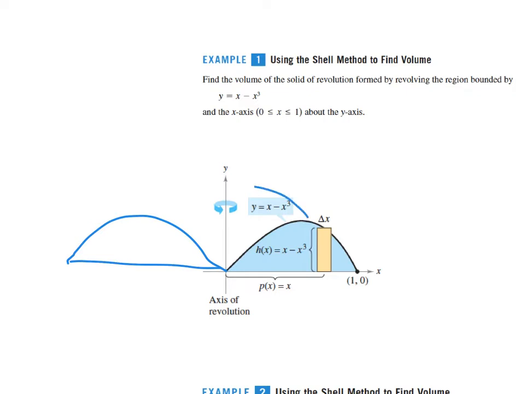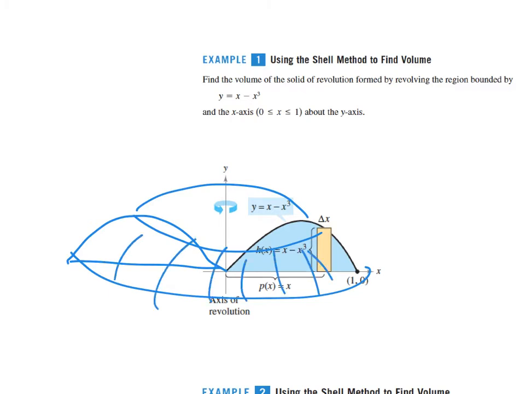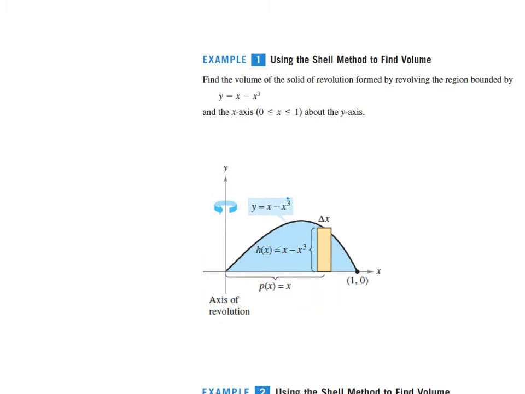If we rotate this around, we get this shape, kind of a mounded circle. That's what's going on when we rotate around the y-axis. But we just want to focus on this rectangle, or really just a line, because when this rectangle gets infinitely thin, it becomes a little line segment.